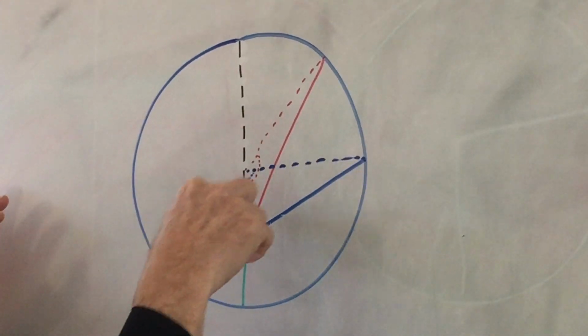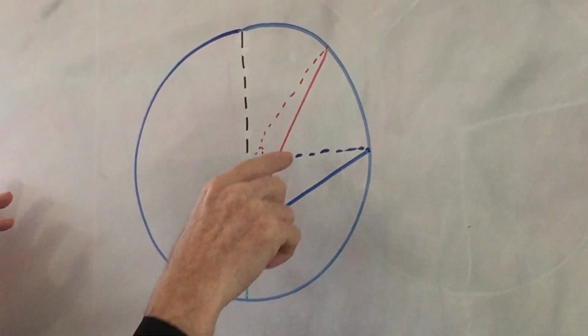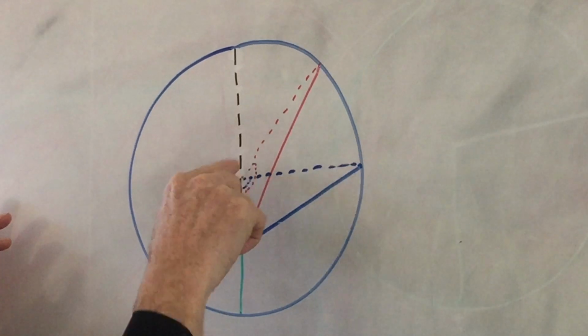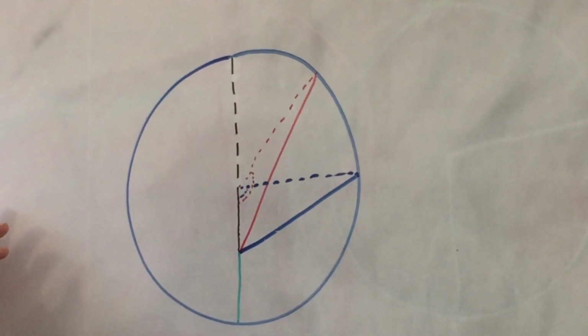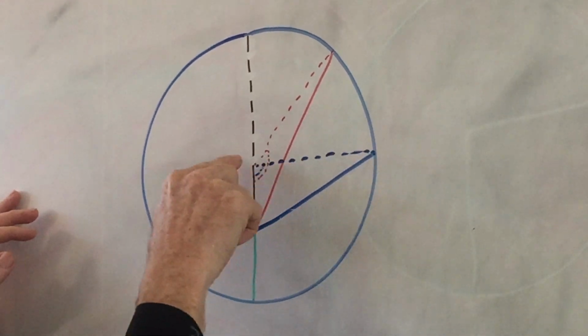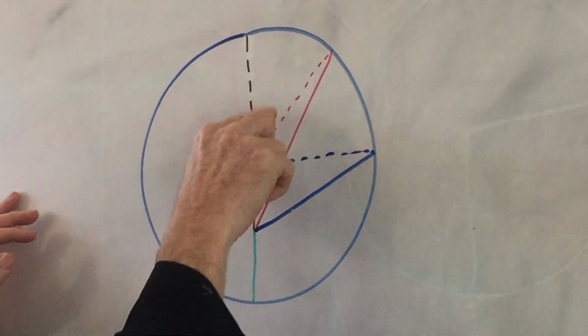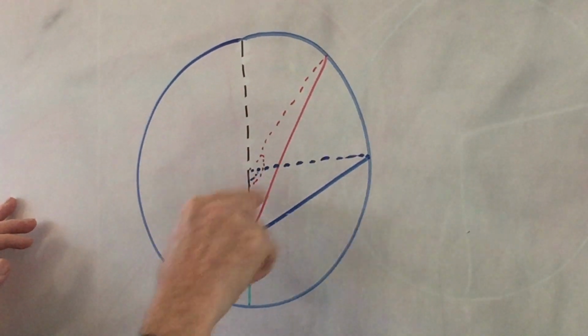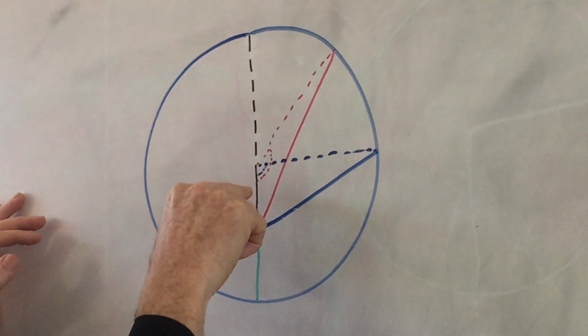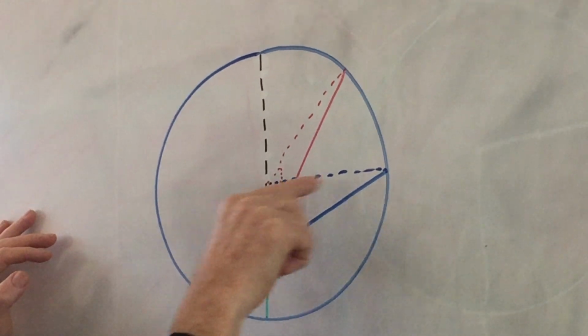Now, let's show that this is greater than this. Here's a triangle, and here's a triangle. I've got two sides equal to two sides in this triangle. Why? Because these are radii of the same circle, so they're equal, and this is in common. So here we have two triangles with two sides equal to two sides, and one of those contains a greater angle than the other.